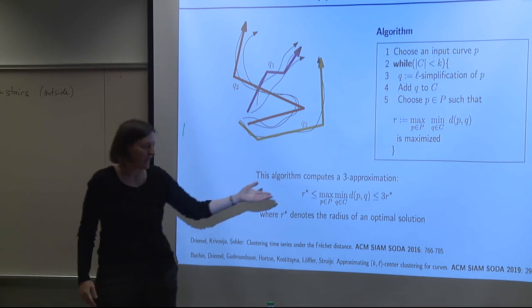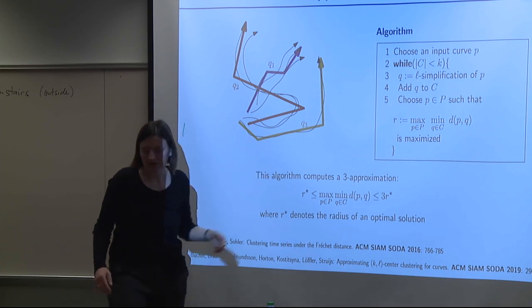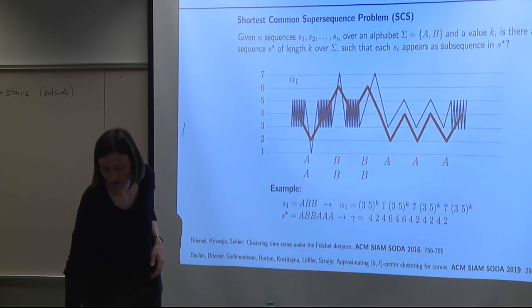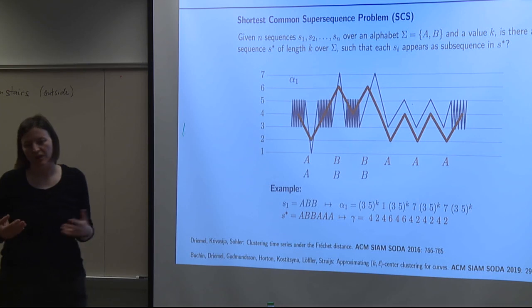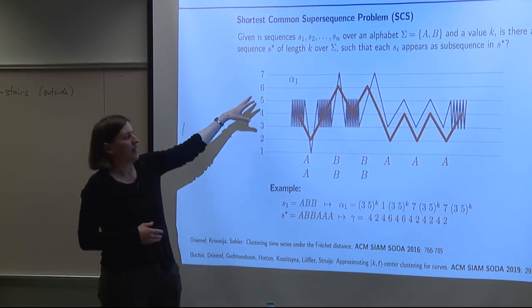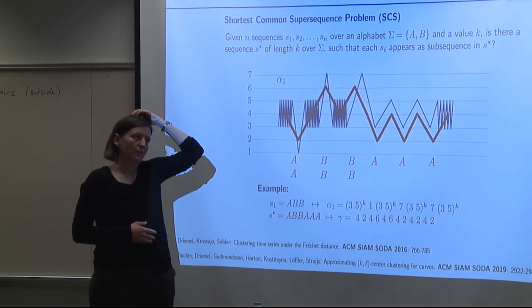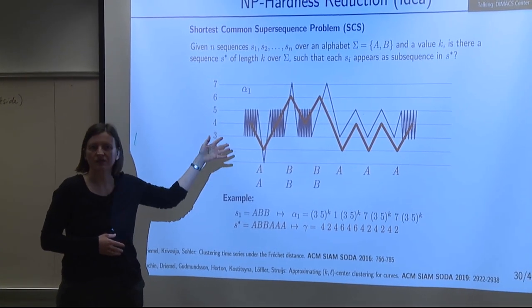The 3 is also tight, I believe. We showed that this NP-hardness construction is also a relatively robust approximation. So here in 1D, I think you can get a 1.5 approximation, or the reduction would still work.